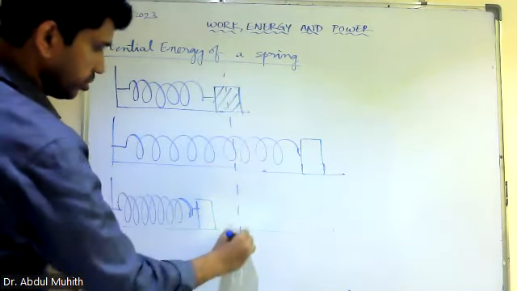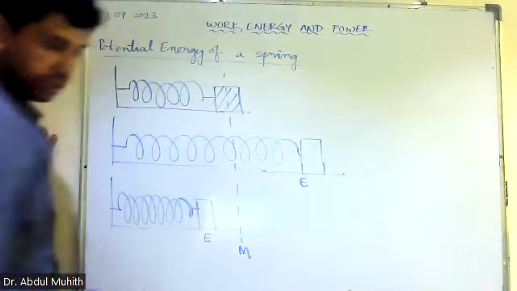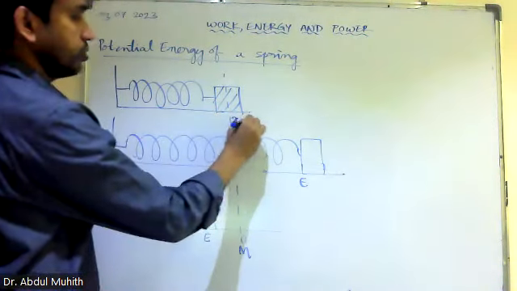So this is the mean position, and these two are the extreme positions. Here, x is equal to 0.